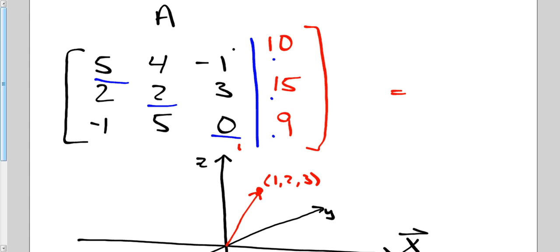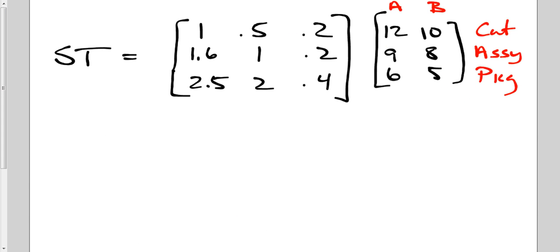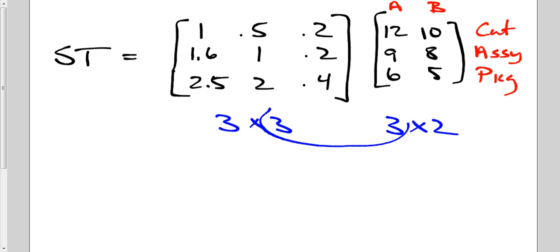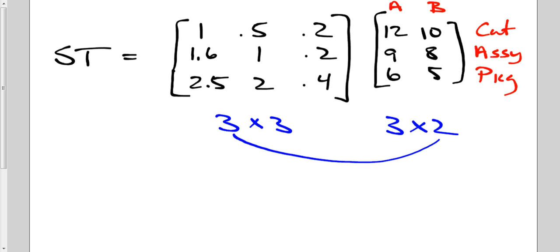Okay? Now, let's go here. I'm multiplying a 3 by 3 by a 3 by 2. Can I do this? Yes, because these guys match. What dimension of matrix am I going to get? 3 by 2.